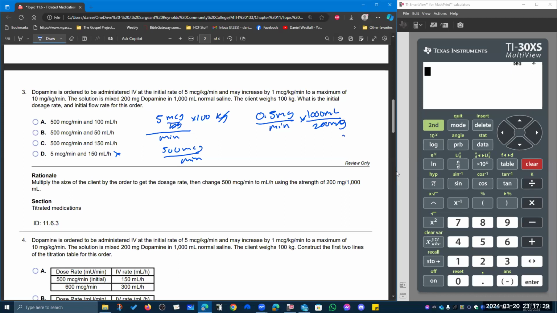And that gives us milliliters per minute, but I want milliliters per hour, times 60 minutes over 1 hour. Minutes will cancel.